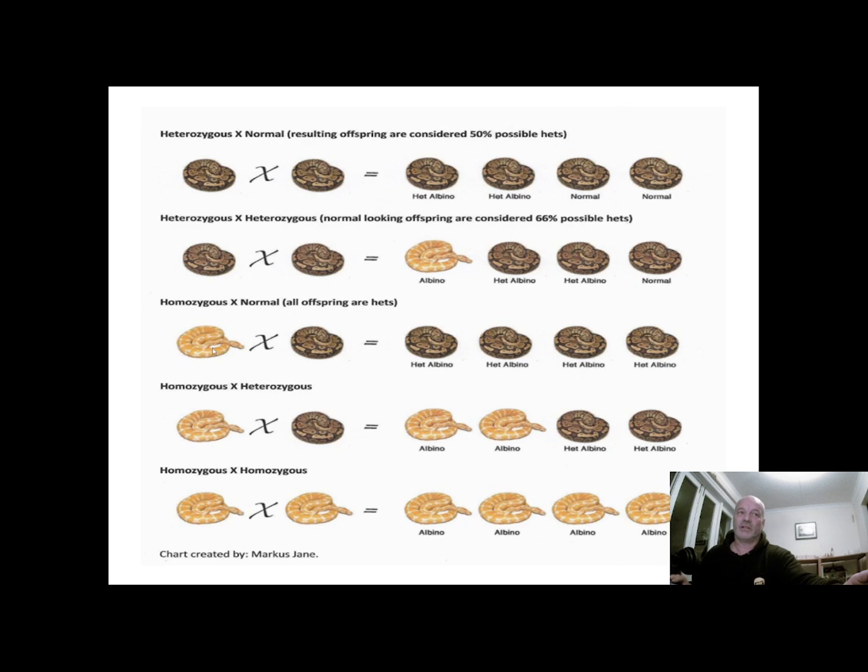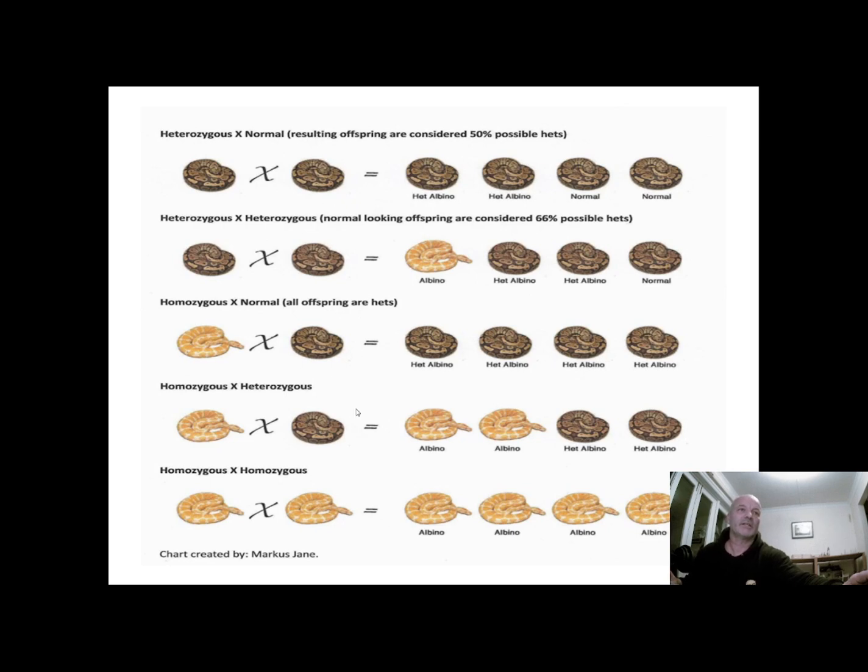And if you put a homozygous to a het, so that's a visual to a het, everything will carry the gene, but the visuals will have 2 copies, so they will be visual because of the 2 copies, and the animals that have 1 copy will be the hets. So you should end up with an outcome of 50-50 hets and visuals. And if you put a visual to a visual, everything will be visual.